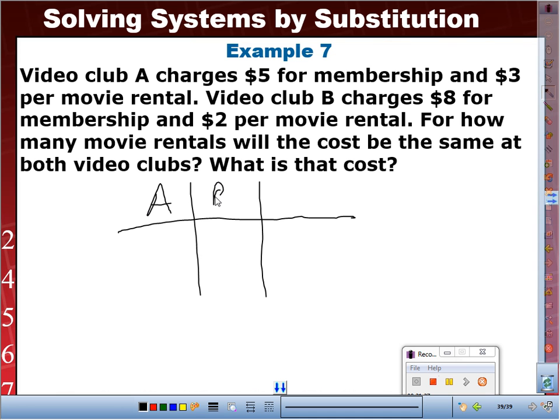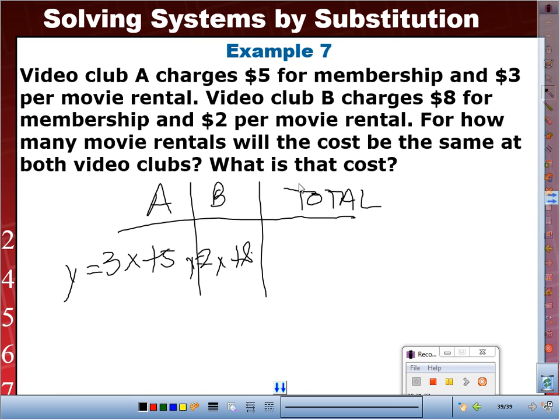A, B, and total. The only difference is when you set up, this one they charge $5 from the beginning, $3 per movie rental, but you write it in terms of y and x. Did everybody see that? The second one, they charge right off the bat $8. It's $2 per movie, and you write y equals 2x.